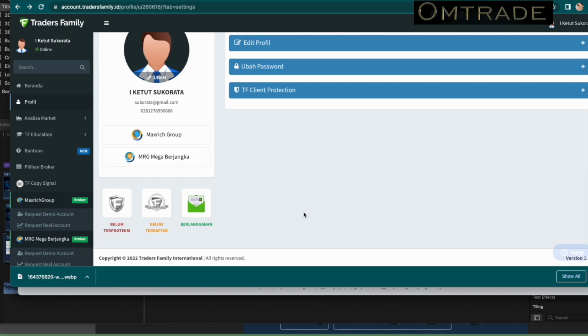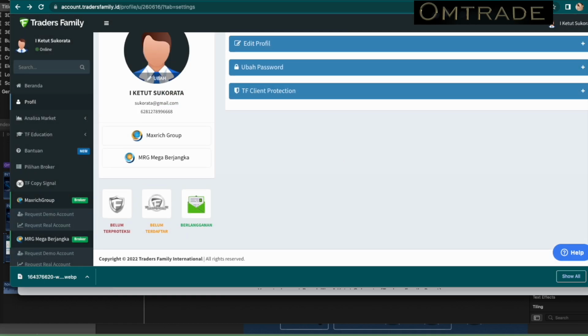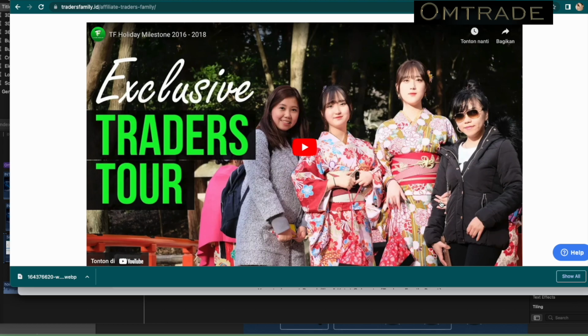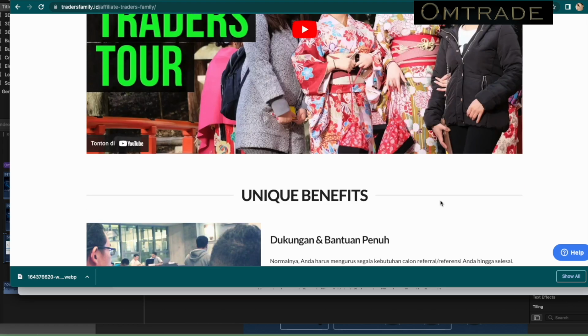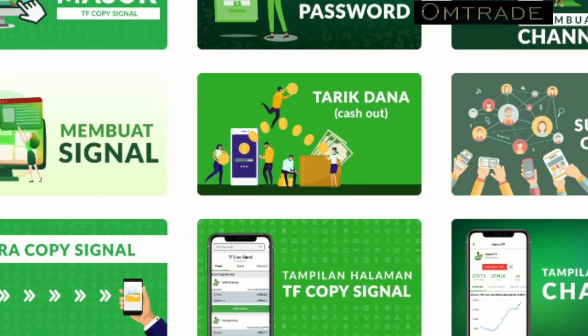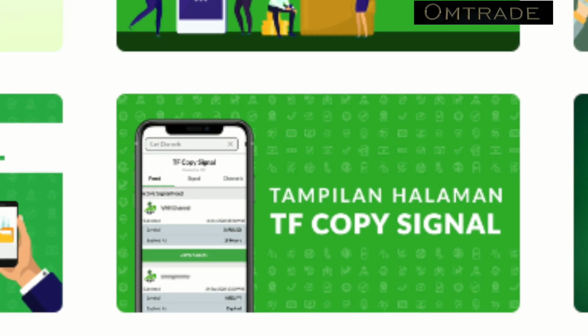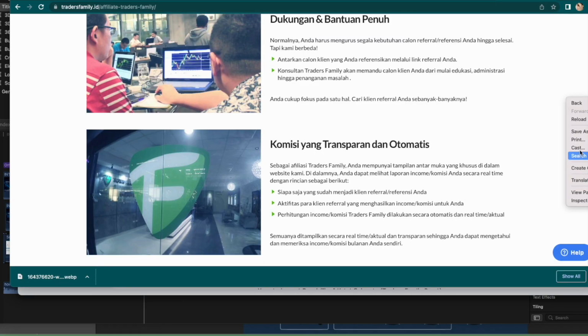Second, investigation will be carried out based on user reports or monitoring results from the traders family team. Third, traders family has the right to impose sanctions on channels that are proven to have committed violations, including disabling the channel and deleting trading family points. Make sure that you comply with the traders family policy.